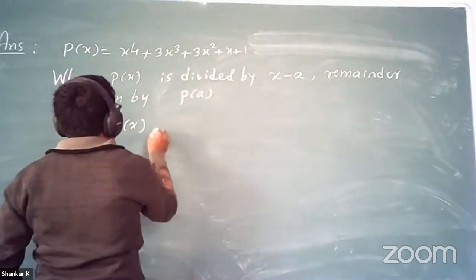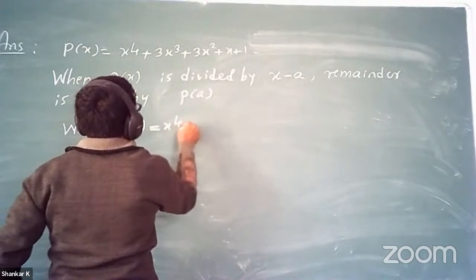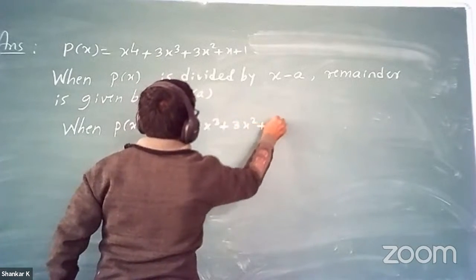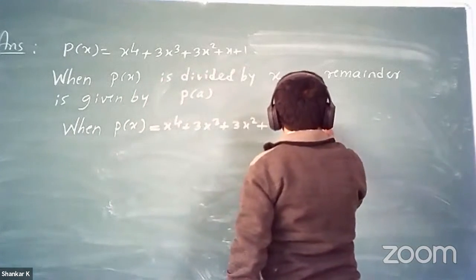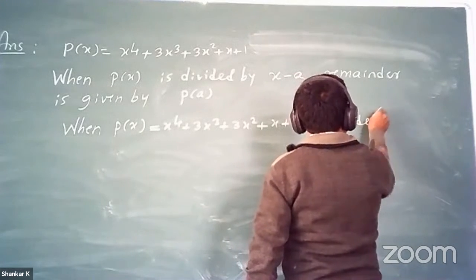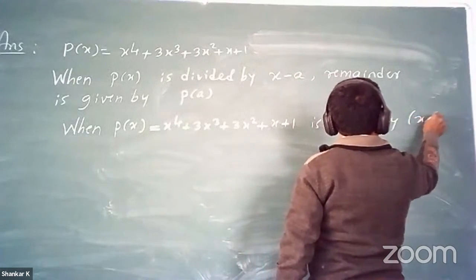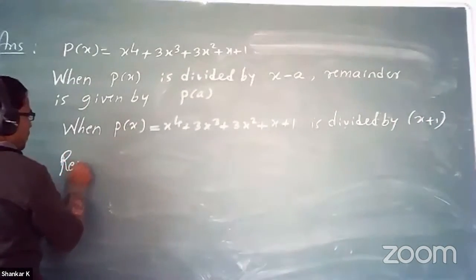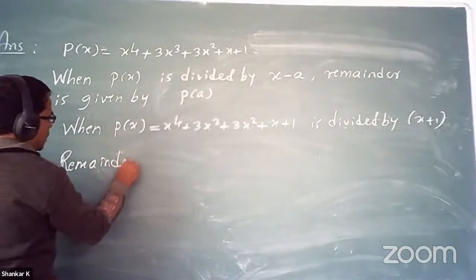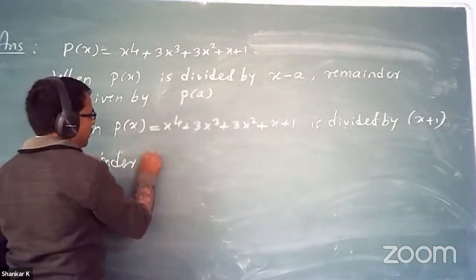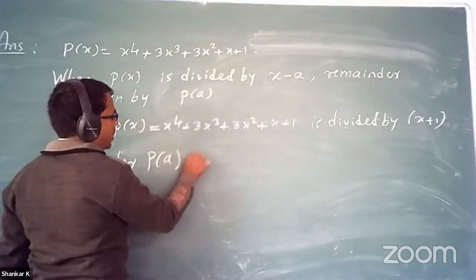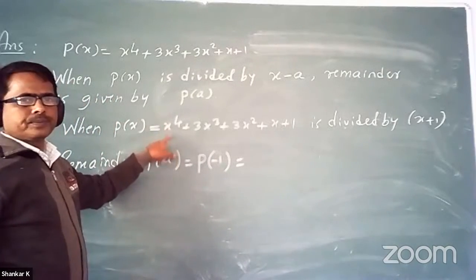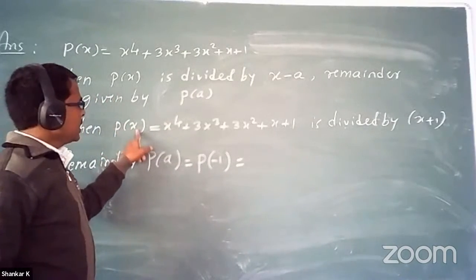When p of x equal to x raised to 4 plus 3x cube plus 3x square plus x plus 1 is divided by x plus 1, the remainder is p of a, equal to p of minus 1. Put minus 1 in this polynomial.